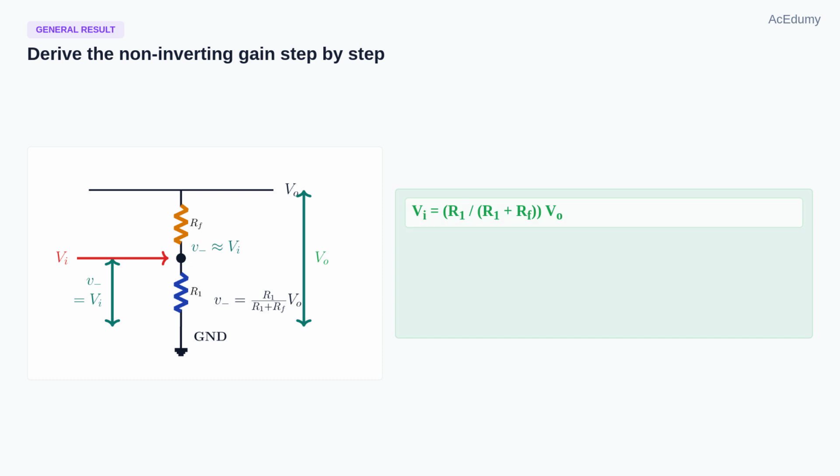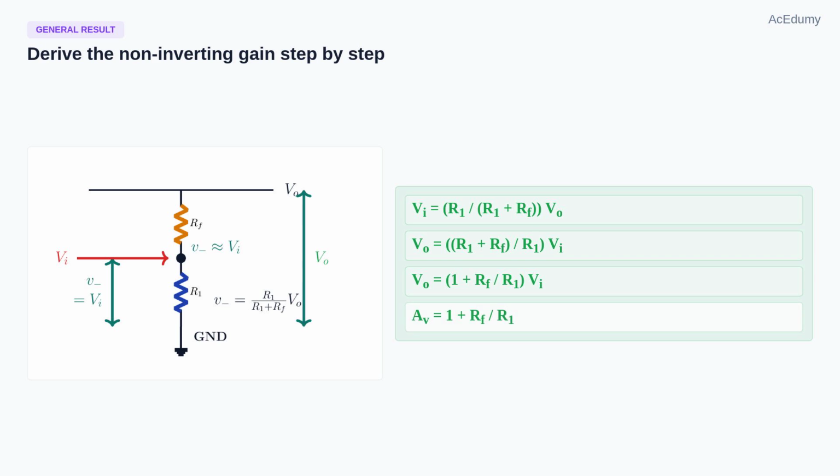Now solve the formula slowly. We just said that Vi equals R1 over R1 plus RF multiplied by V output. To isolate V output, divide by that fraction. Dividing by R1 over R1 plus RF is the same as multiplying by R1 plus RF over R1.